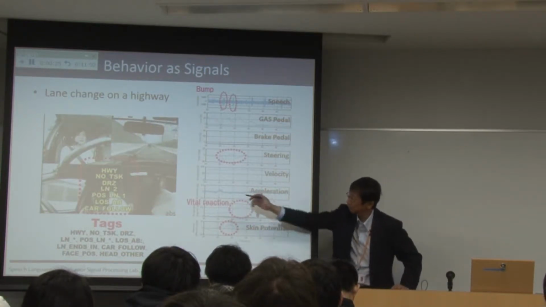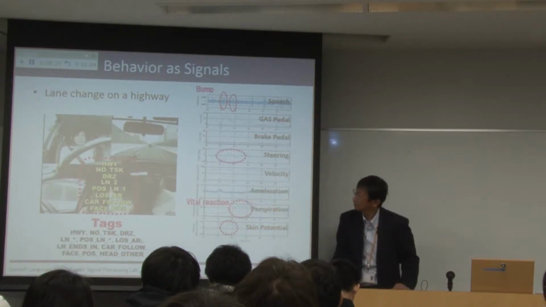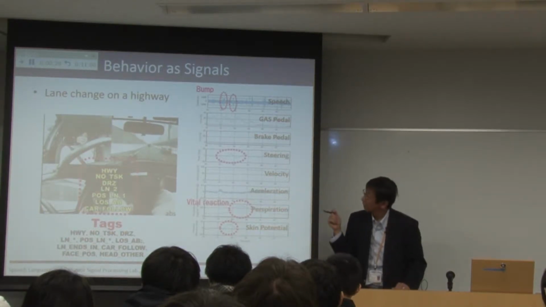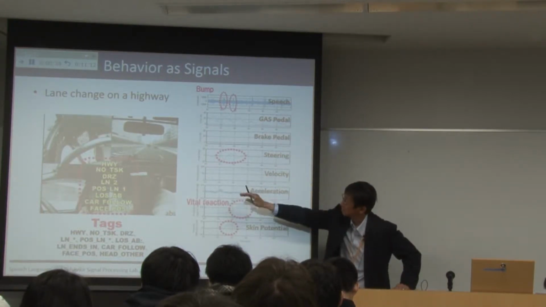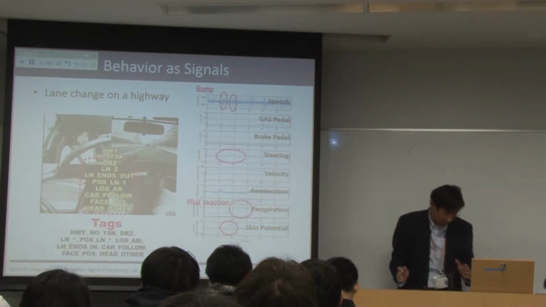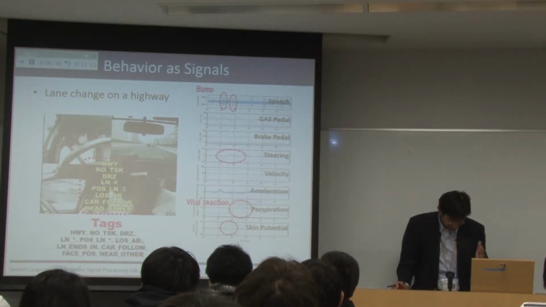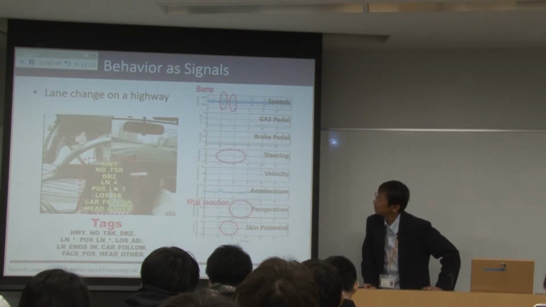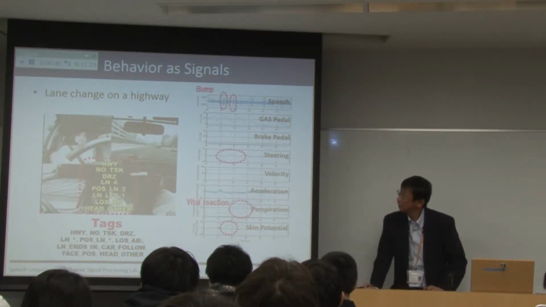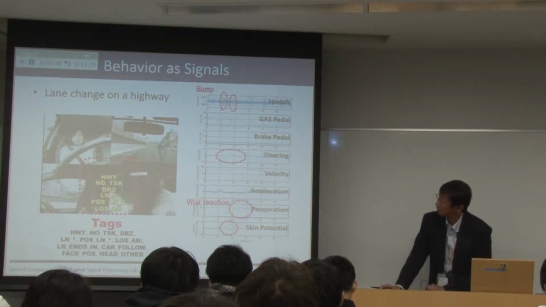The driver is talking to the operator who is sitting in the back seat, and she is asked to make a lane change into the left side lane. So she is slightly frustrated with that situation, but she is now trying to do that.